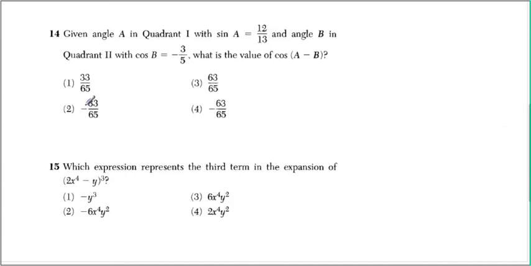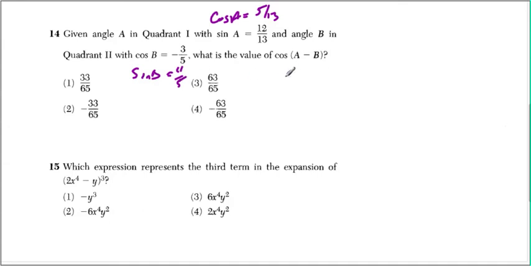Given angle 1 in quadrant 1, that means that we know that sine of A is equal to that, so cosine of A is equal to 5 over 13. Right triangles, sine of B. Sine of B is positive, so that's going to be 4 over 5.